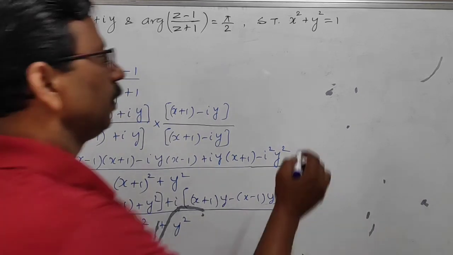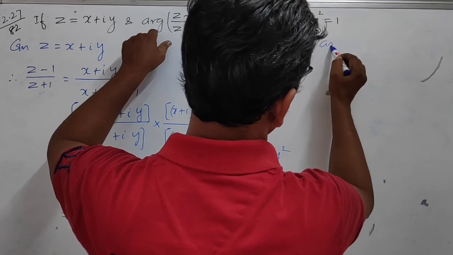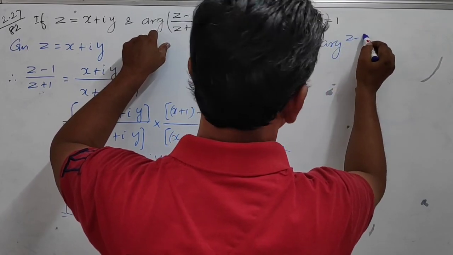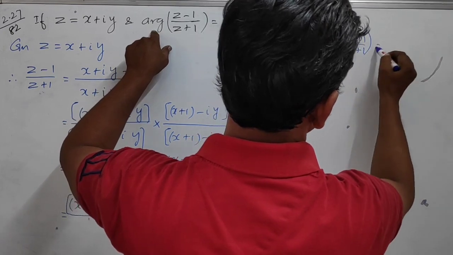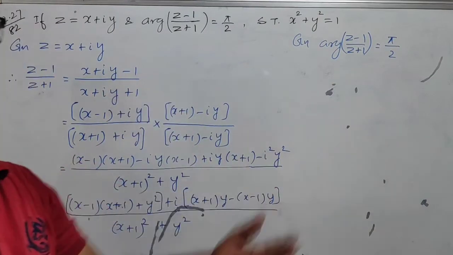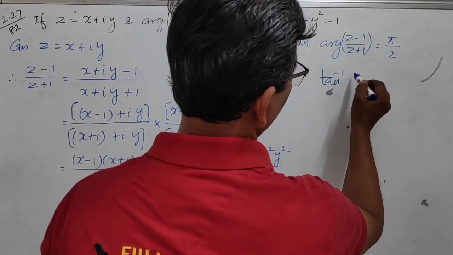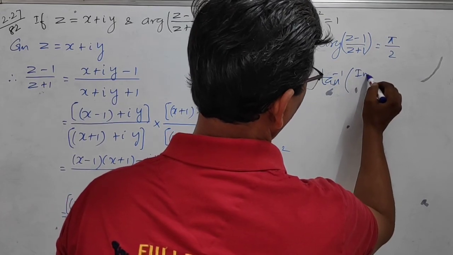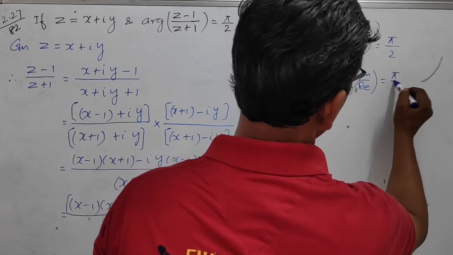And also, given the argument of (z minus 1) by (z plus 1) is equal to pi by 2. The argument of any complex number is nothing but tan inverse of imaginary part by real part, which is equal to pi by 2.